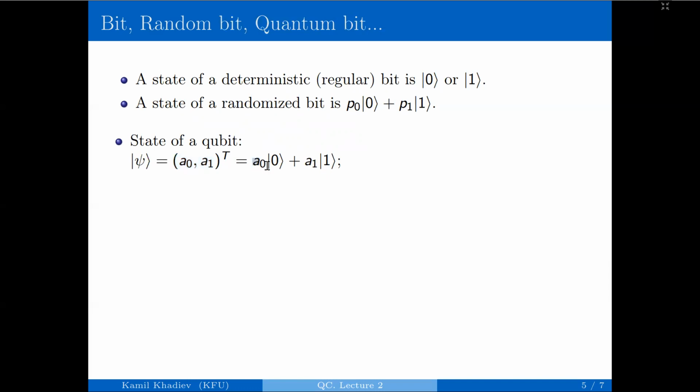We call them amplitudes, not probabilities like in a randomized bit. That's why it's A0, A1. Formally, they are complex numbers such that the sum of the squares of the moduli is 1.